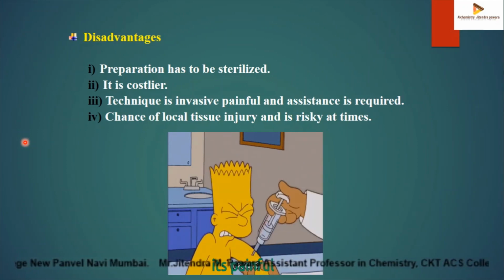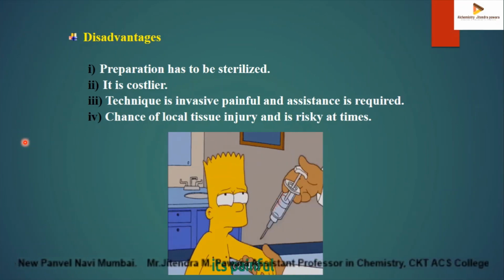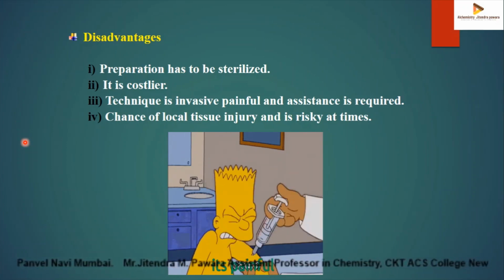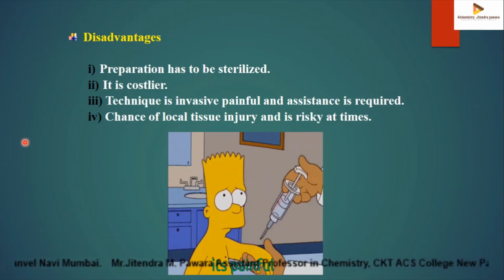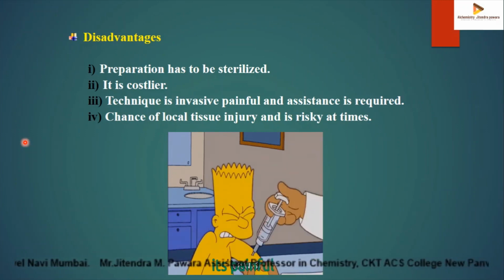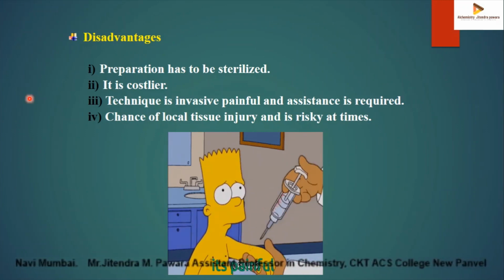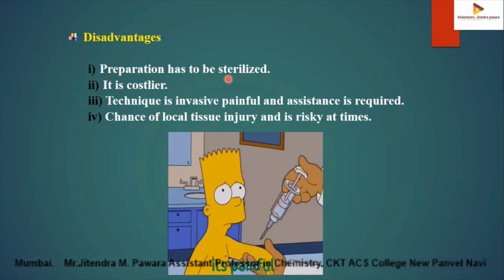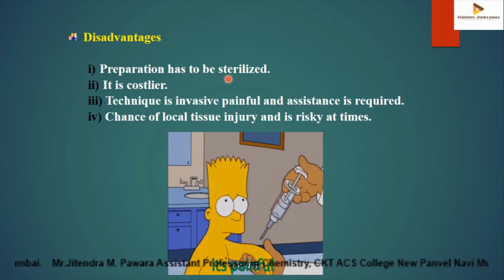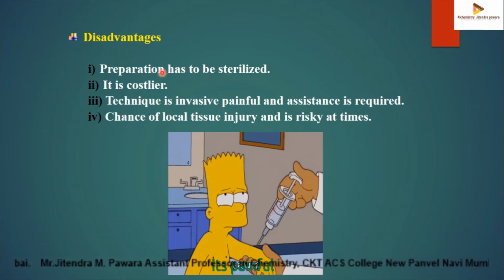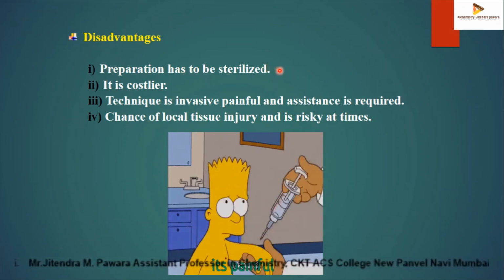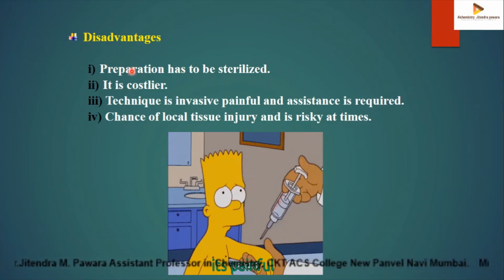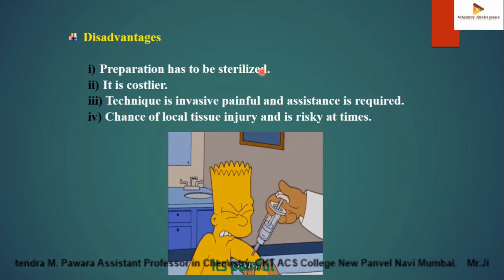Whatever syringe or injection you are using, or whatever drugs you are using, first you have to sterilize them. Because contamination may happen, and side reactions or side effects may take place, the preparation has to be sterilized. Without sterilization, you can't use it.